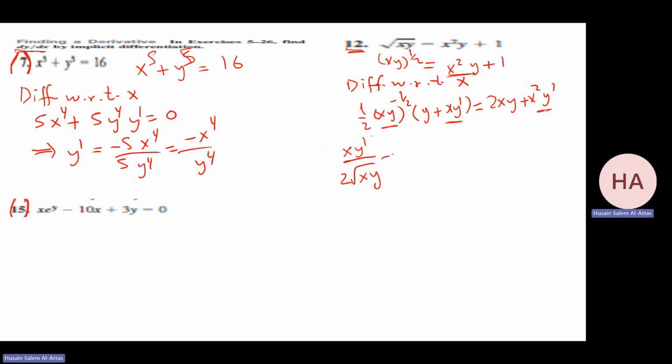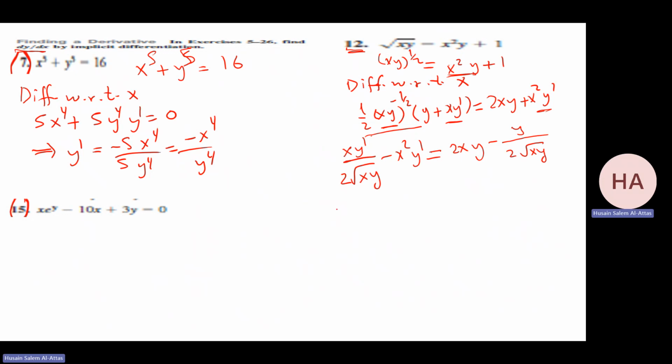Also, this one, I take it to the other side: minus x squared y prime. This will be 2xy. Now, this, I'll take it to the other side: minus y over 2 square root xy.